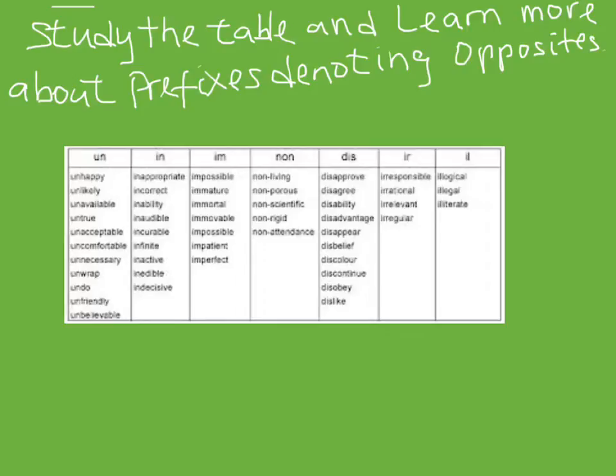And for the prefix dis, we have disapprove, disagree, disability, disadvantage, disappear, disbelief, discolor, discontinue, disobey, and dislike. And for the prefix ir, we have irregular, irrelevant, and irresponsible. And for the prefix il, we have illogical, illegal, and illiterate.